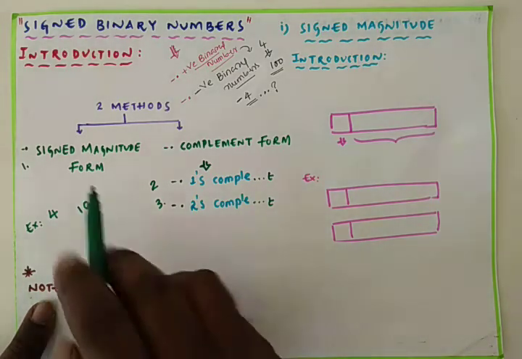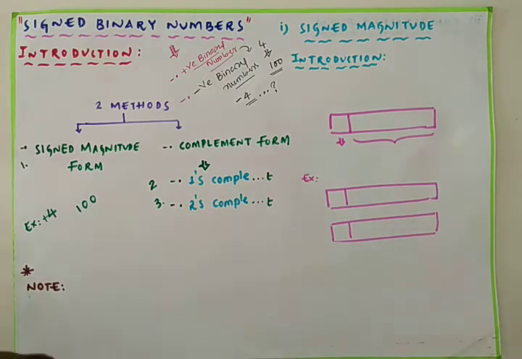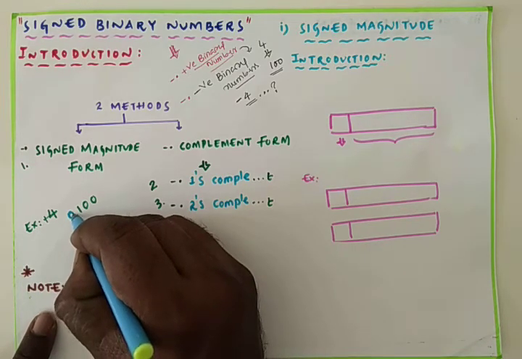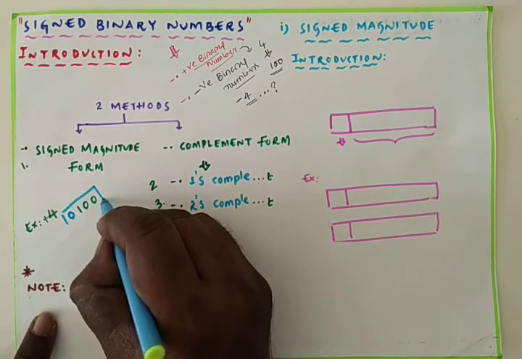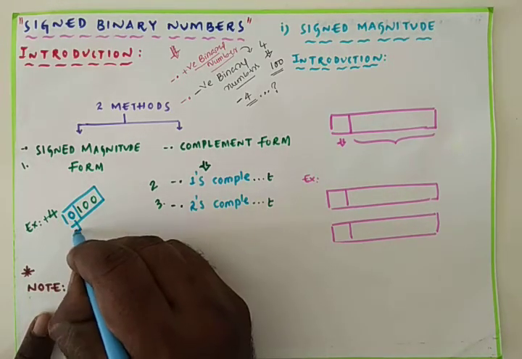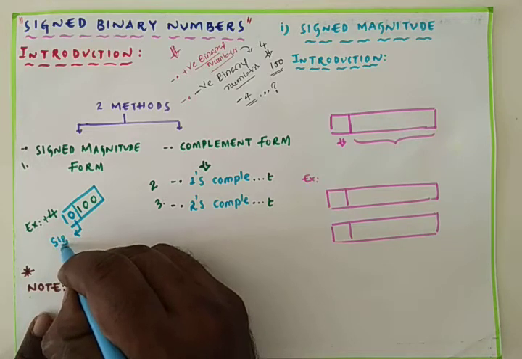It is 4, but we are saying it is plus 4. By default it is positive only, but that positive can be represented with the sign bit 0. That means, in case of sign magnitude form, the first bit defines the sign of that binary number.